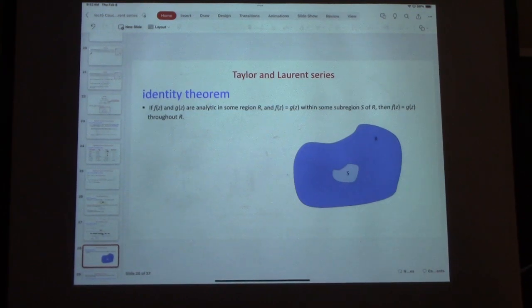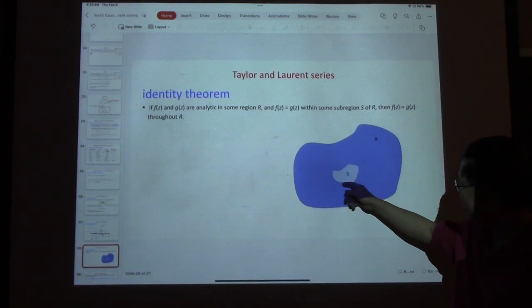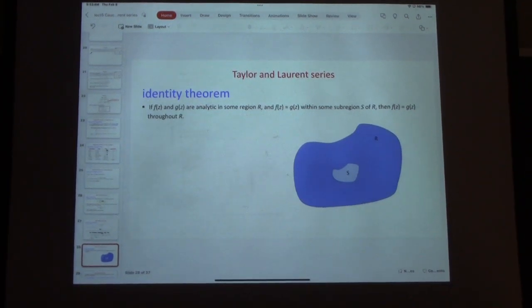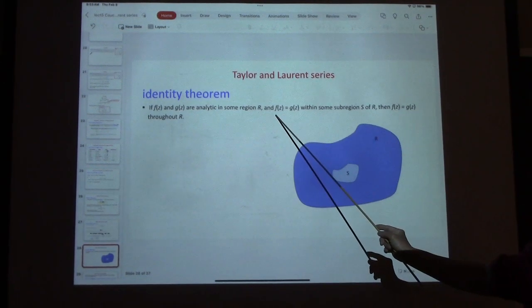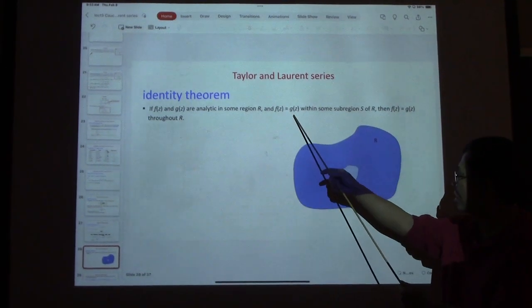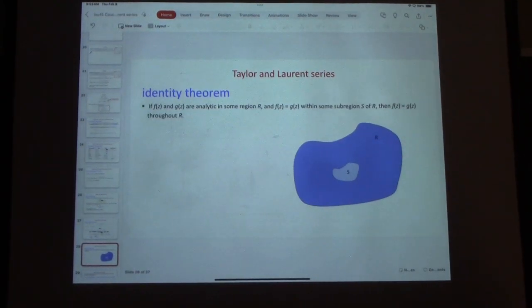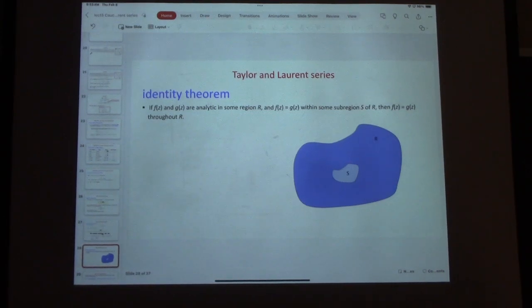And also, if there is a sub-region where, at every single point, the two functions are equal, okay? However f of z changes, g will change exactly the same way. So these two functions are exactly equal at this sub-region of the big dark blue region. Then the theorem says this function has to be identical everywhere in that region.